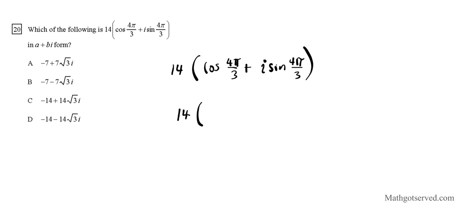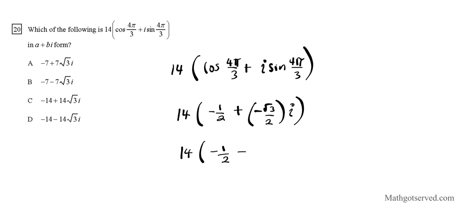Alright, so let's go ahead and put that in. From our chart, cosine 4 pi over 3 is negative 1/2 plus sine 4 pi over 3, which is negative root 3 over 2i. Let's simplify that a little bit: 14 times negative 1/2 minus root 3 over 2i.